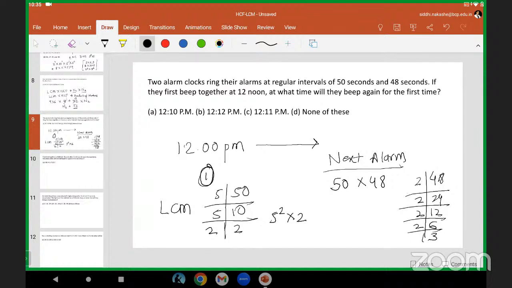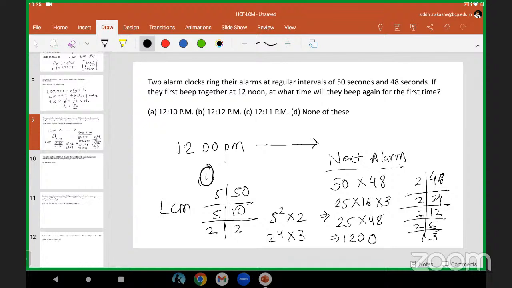So that is 2 raised to 4 into 3. So now we'll select the unique terms, that is 25 into 16 into 3. If we multiply this, we'll get 25 into 48. That is nothing but 25 8s are 200, 20, and that is 1200.